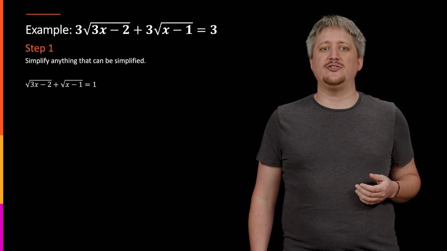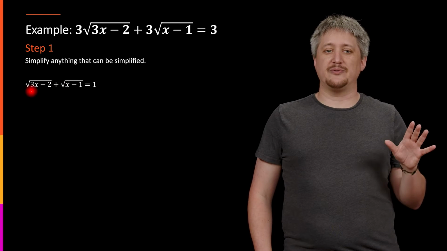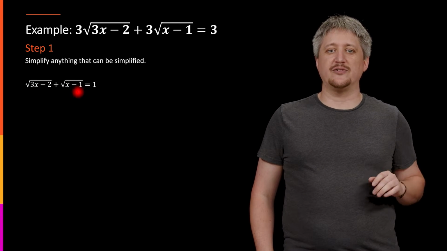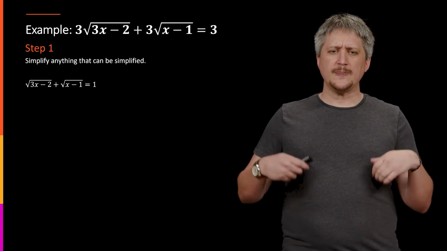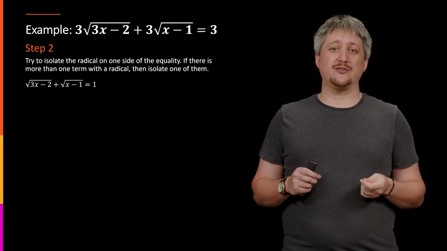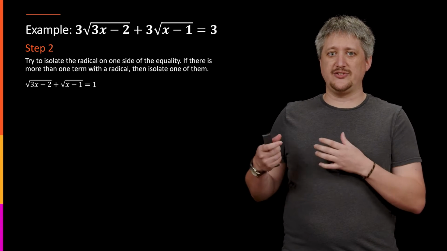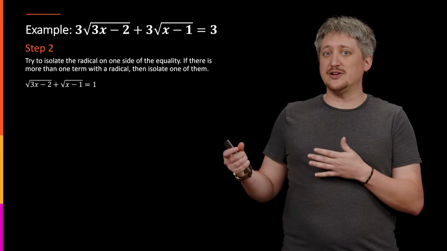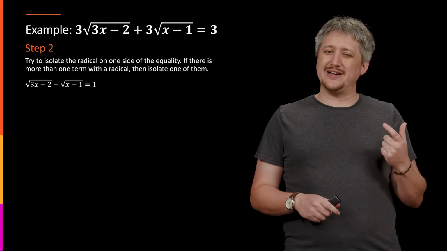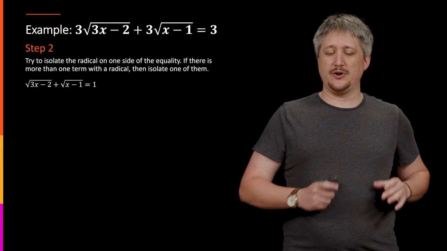And now I get down to just the square root of 3x minus 2 plus the square root of x minus 1 equals 1. Now, the next step, I want to isolate one of these radicals. I want to have a radical of stuff equals whatever else. And that whatever else may also have a radical, but the hope is to have just a radical on one side, okay?